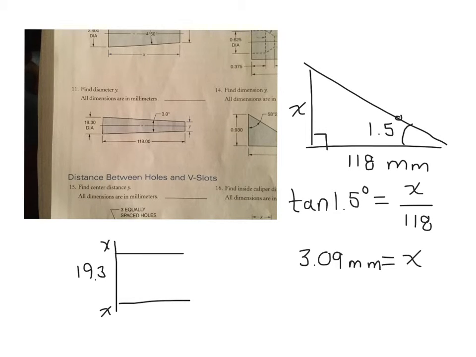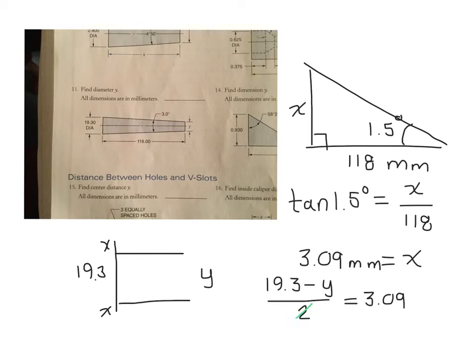So we've got to take the narrower end of the taper, subtract it from 19.3, and then divide that answer by 2. So when we do that, we'll have 19.3 minus y. If we divide that answer by 2, it must equal that value of x that we just determined, which is 3.09 millimeters.